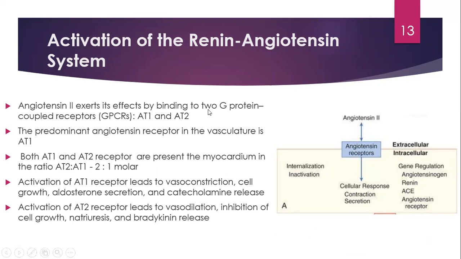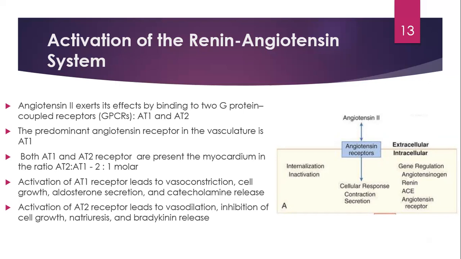In terms of the action of angiotensin, there are mainly two: angiotensin receptor 1 and angiotensin receptor 2. In the vasculature, the predominant receptor is angiotensin receptor 1. And in the heart, you have both angiotensin receptor 1 and angiotensin receptor 2.